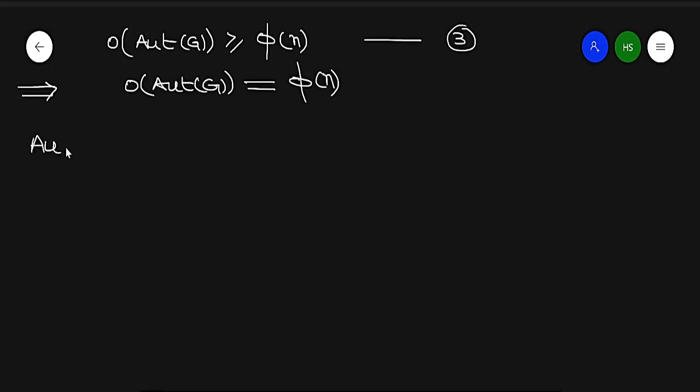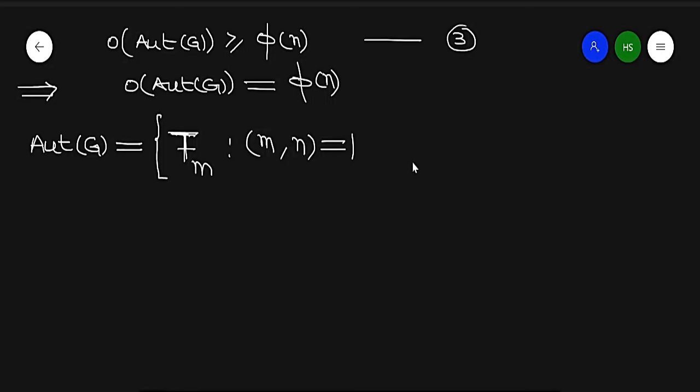So this set consisting of automorphisms of G is of this kind: one is the identity mapping, and the second is T raised to power m, such that GCD of m and n is equal to 1.